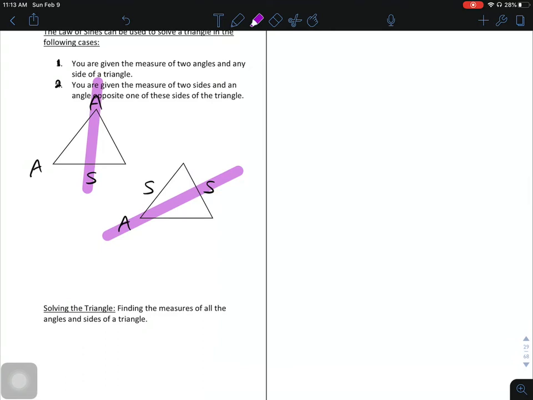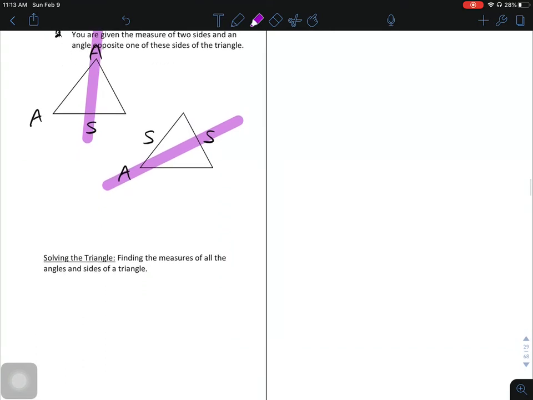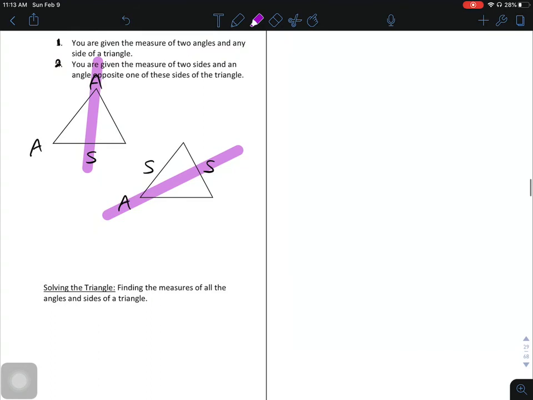Definition: solving a triangle means finding the measure of all the angles and sides of a triangle. Something you have to be careful about is angle-side-side. We learned earlier, talking about congruency of triangles, that if I give you an angle and then two sides, so the angle is not included between the two sides, we don't necessarily know which triangle we're talking about.